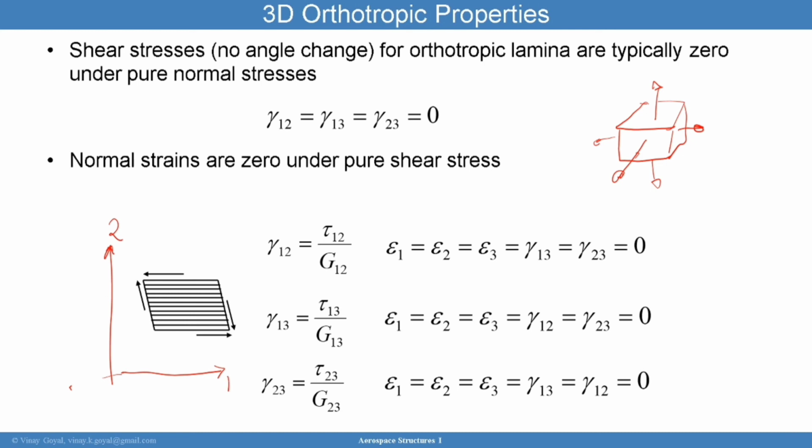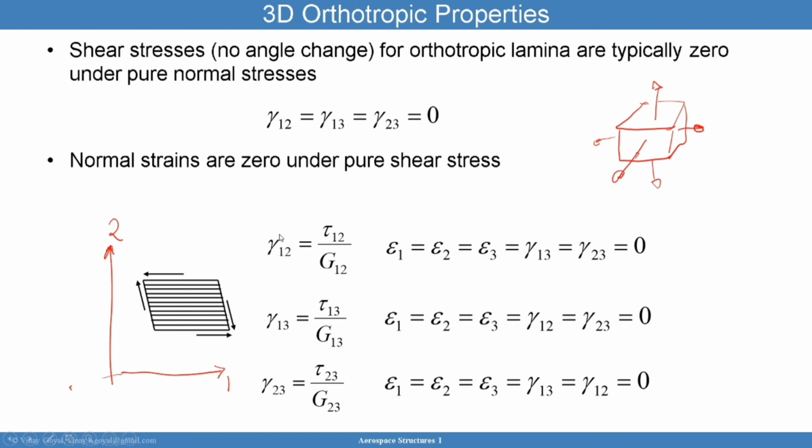And so what we're saying is when I apply shear in this plane, no normal strains will develop because of that. And the shear in this 1,2 plane will not cause shear in the other 2 directions. So we know those will be 0.